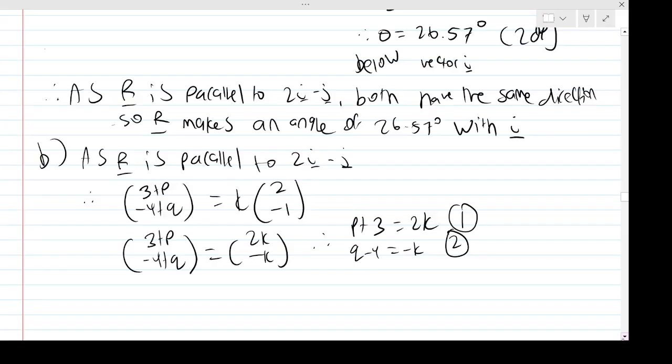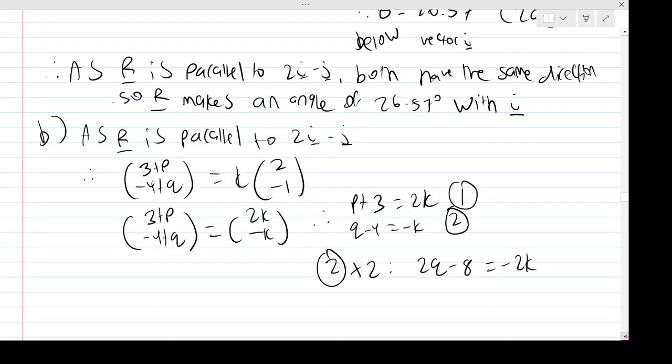So I can probably times the second equation by 2. If I do that then, I get 2Q minus 8, which is minus 2K. And then the first equation, we get P add 3 is equal to 2k. Then we can add them, because then minus 2k add 2k goes away. There's no k left.